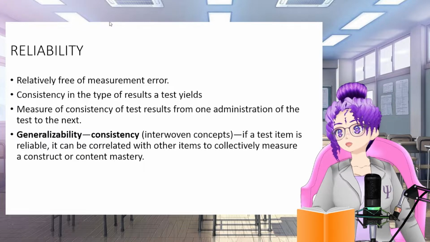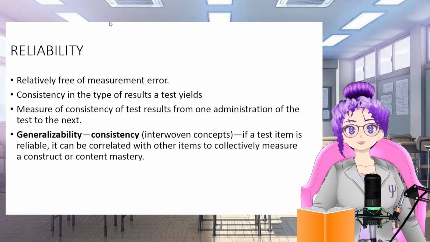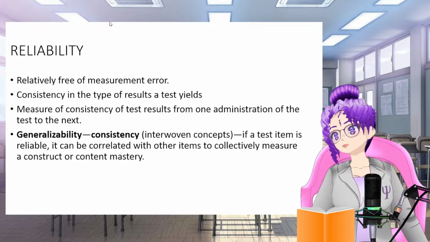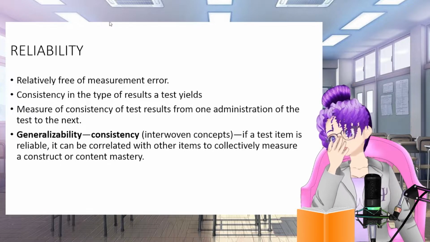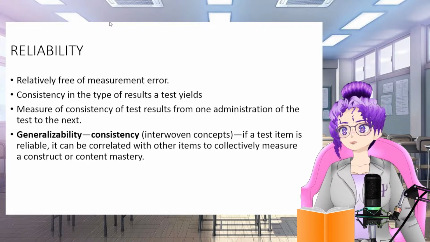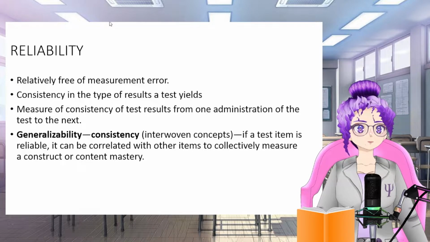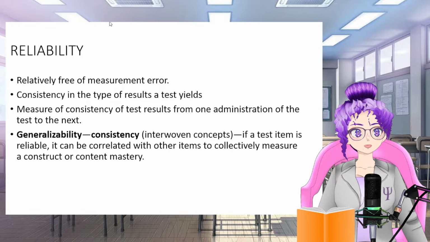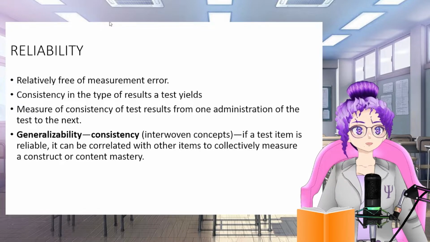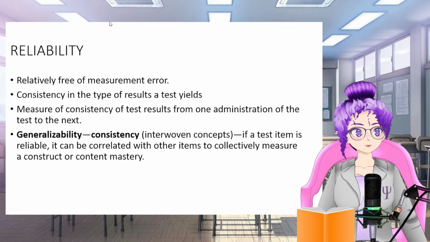Generalizability and consistency are interwoven concepts. If a test item is reliable, it can be correlated with other items to collectively measure a construct or content mastery. It simply means that if the test item is reliable, we can relate or generalize it to other measures with the same construct.